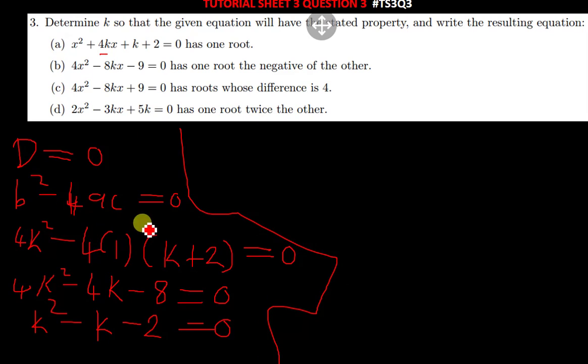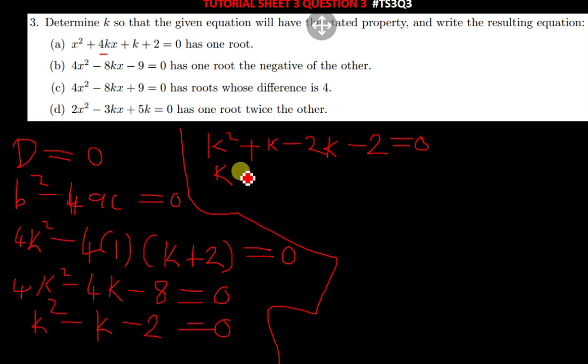Our product is negative 2 and our sum is negative 1, so we have the factors negative 2 and positive 1. We're going to have positive k there, and our negative 2k minus 2 being equal to 0.